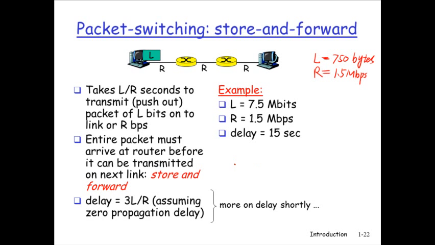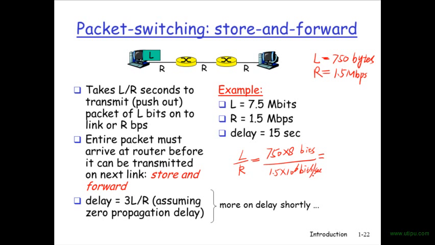So what we have is L over R is 750 times 8 bits, divided by 1.5 times 10 to the power of 6 bits per second.